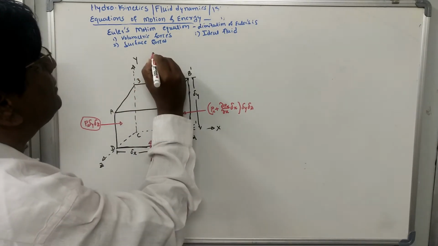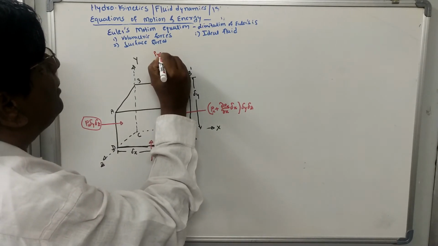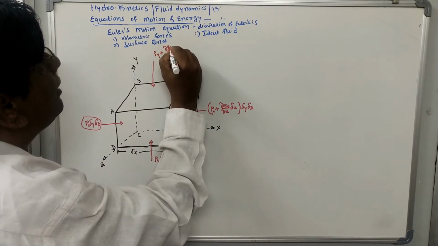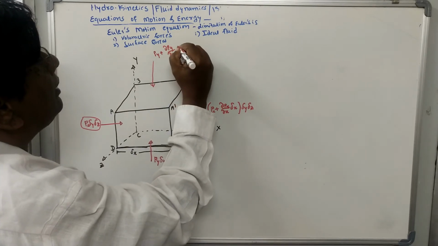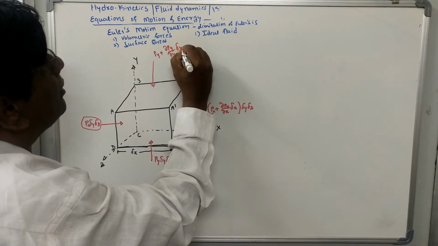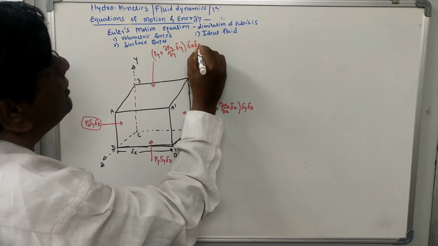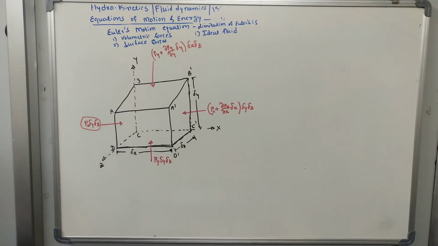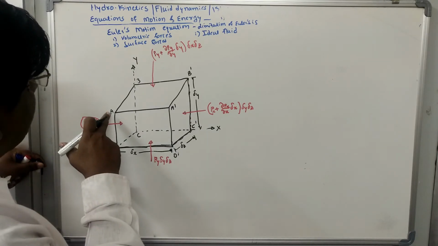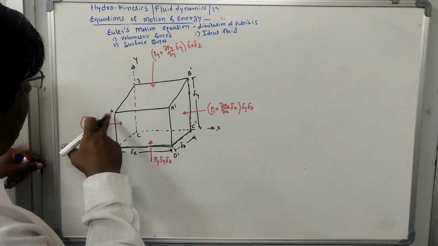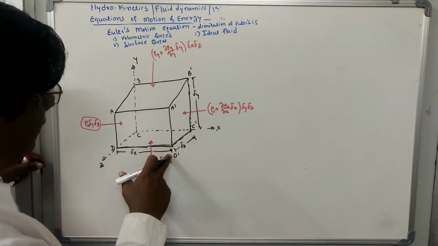So this is Py plus ∂Py by ∂y delta y, multiplied by delta x delta z.